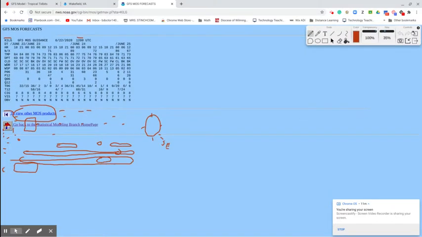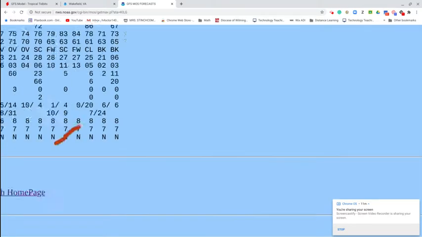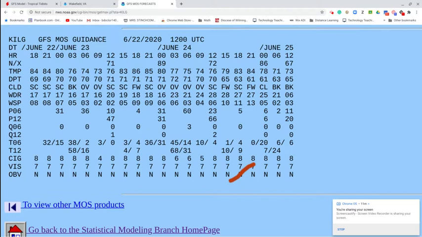thunderstorm and severe weather potential, and it's a really good predictor.